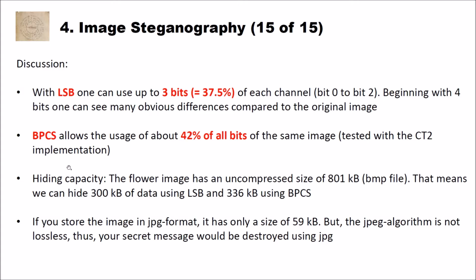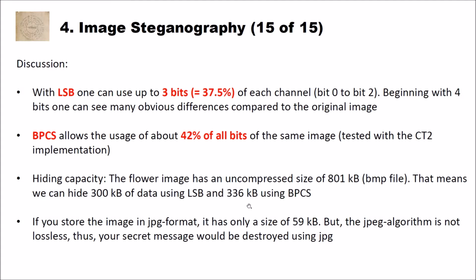So what is the hiding capacity of these two methods? The flower image has an uncompressed size of about 801 kilobyte as a bitmap file. A bitmap file is an uncompressed file that you can say contains the raw pixel data. And that means we can hide about 300 kilobyte of data using the LSB method, and we could hide about 336 kilobyte using the BPCS method.